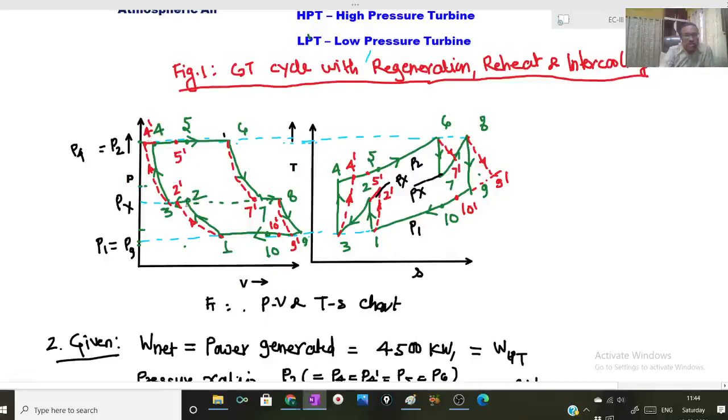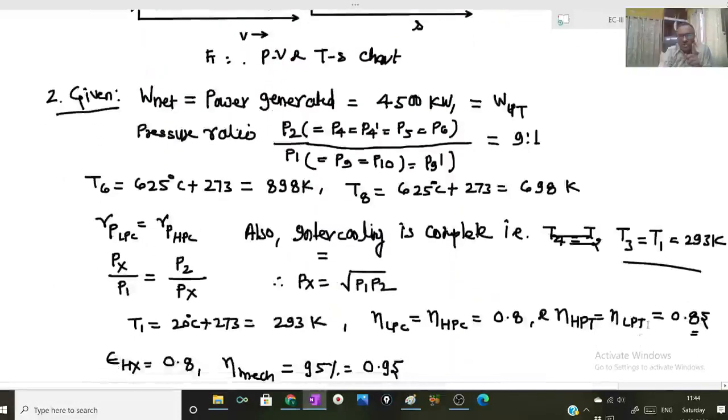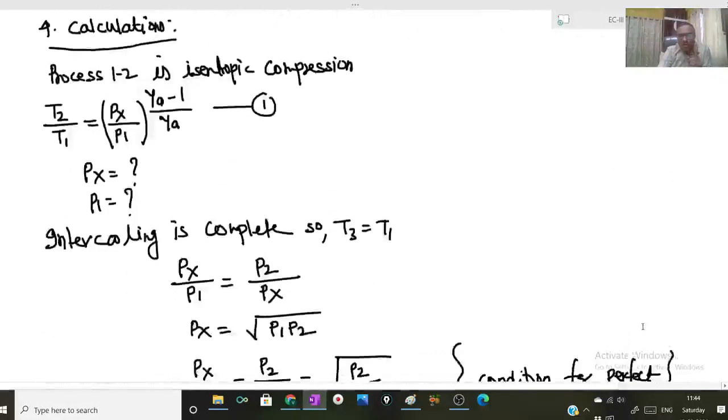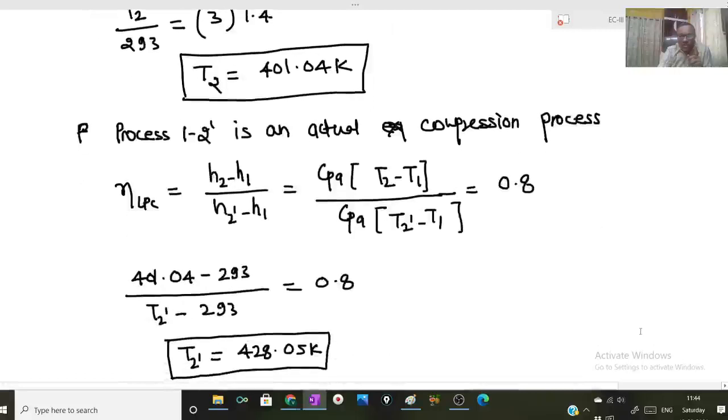Similarly, T4 dash will be equal to T2 dash. So what is the point? If intercooling is perfect and pressure ratios in both the compression stages are same, no need to calculate for second stage.